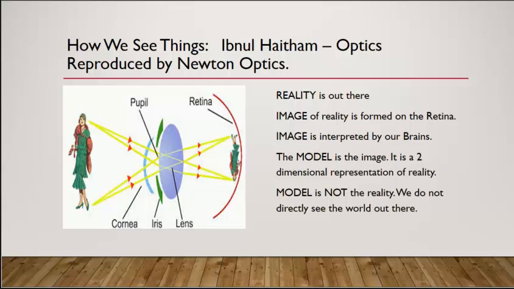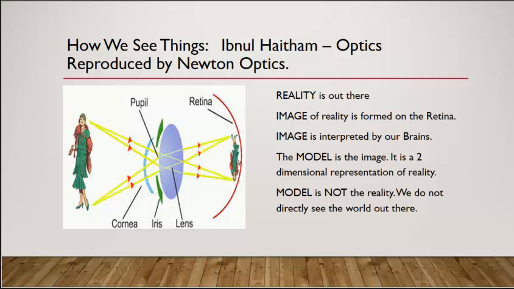So in optics, you see, there is a real object which is out there in the real world. This picture shows a woman. The light comes from this object and enters the eye, and then there is an image formed on the retina. The image is actually the reverse of what is there in the real world. Furthermore, the image is flat. The real world is three-dimensional.